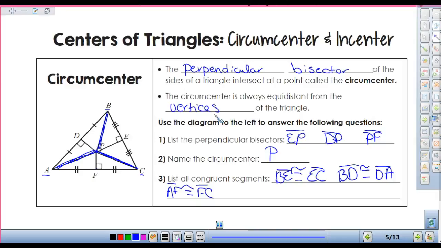So I now have three lines that are also congruent. What else is congruent? BP is congruent to AP, and that is congruent to CP. Okay, from the circumcenter to the vertex of the triangle is equidistant on all three sides.